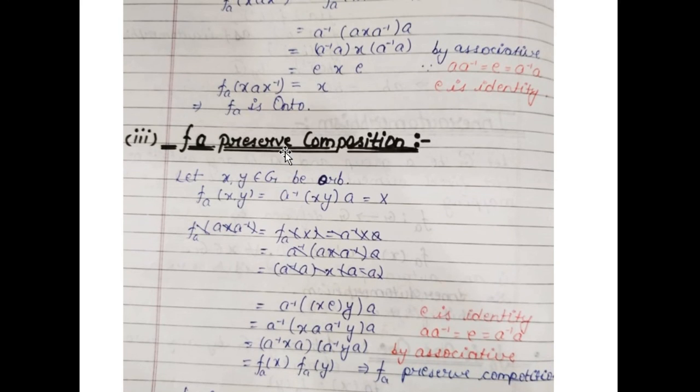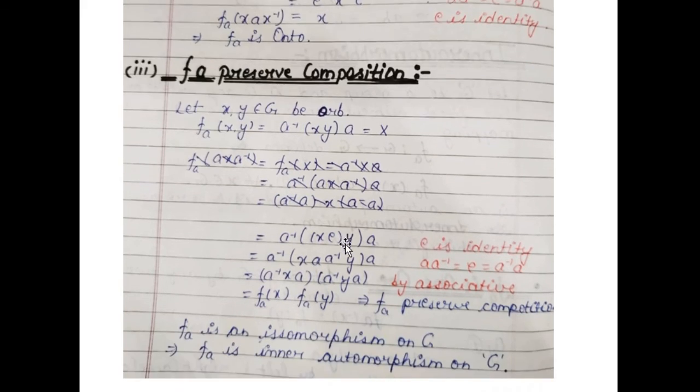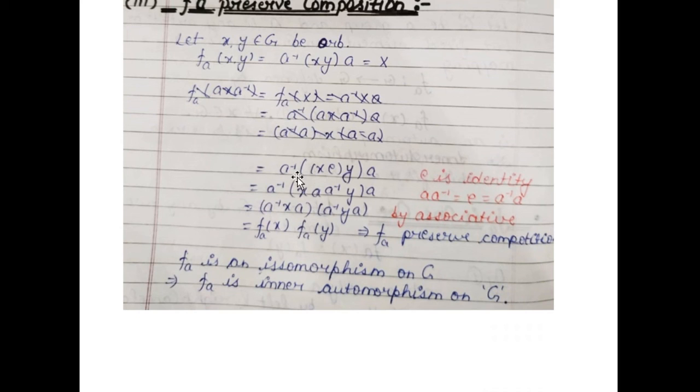Now to show it is an automorphism, and this type is called an inner automorphism, we have to show it preserves composition. Let x and y be any two arbitrary elements of G. F_A of xy will be equal to A inverse xy A. It will be equal to A inverse, and you can write x as xE because E is the identity element.